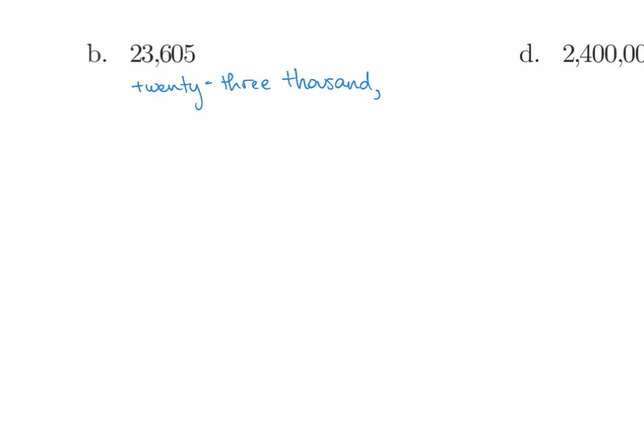The next period and the last period, what is the number in this? This is 605. So in total we get 23,605.